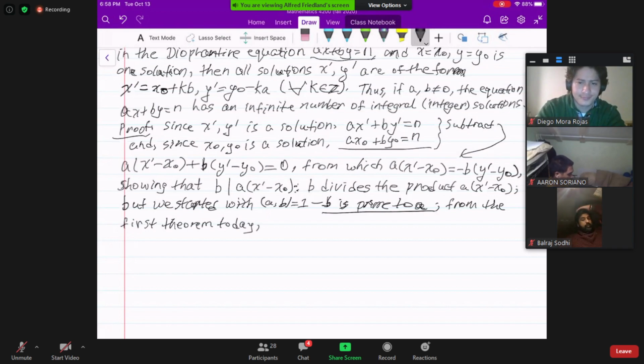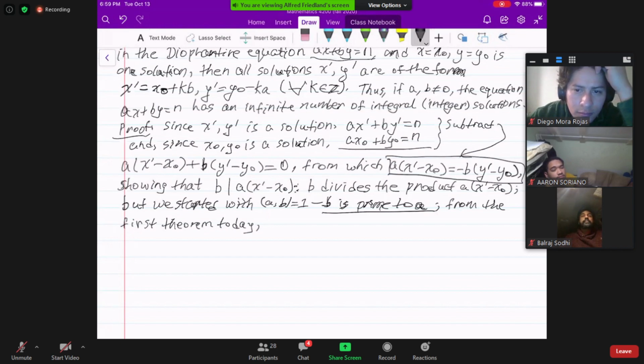So it doesn't matter that we're saying that b divides positive a times x prime minus x naught? Shouldn't after the divisibility bar it be negative a as a coefficient? Or, no. Over here, a times x prime minus x sub 0 is b times something.